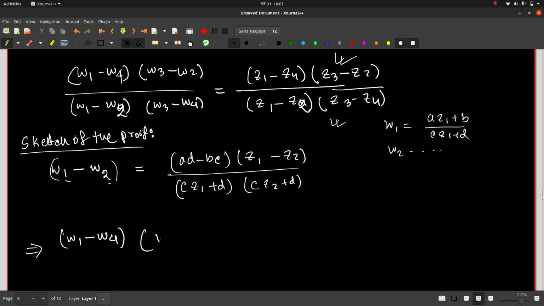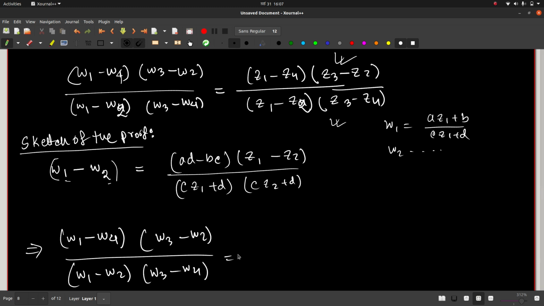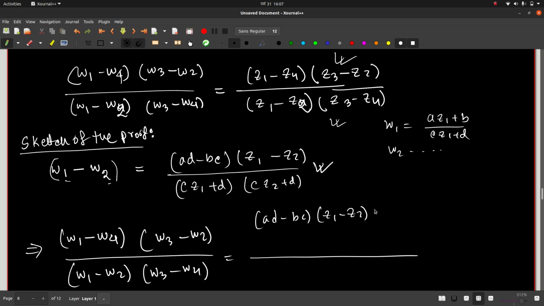W1 minus W4, W3 minus W2 divided by W1 minus W2, W3 minus W4, and if I use this thing as an example, this is AD minus BC, Z1 minus Z2, then this guy will have another AD minus BC, but here we will have a Z3 minus Z2, and it will be divided by what?